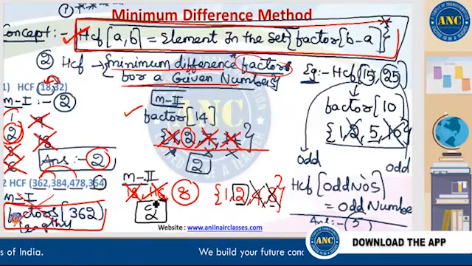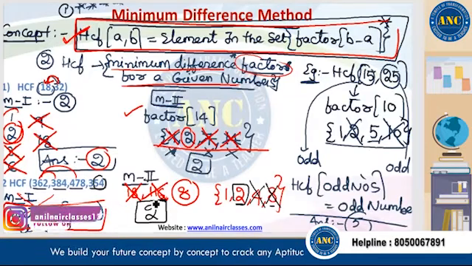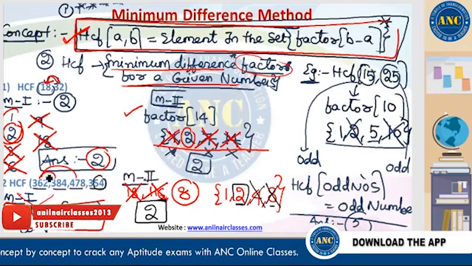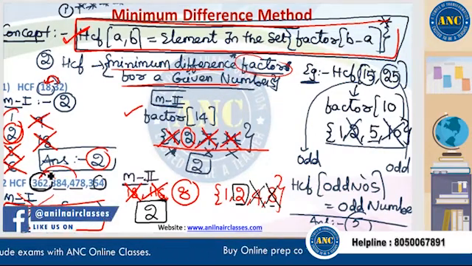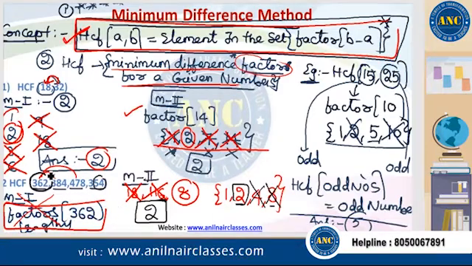I hope the idea is clear. Either you can use method 1 or method 2. In the second example, you will have complete clarity. Instead of taking the factors of the lowest number, you can take the factors of the minimum difference between two numbers. 362, 354: the minimum difference is 8.